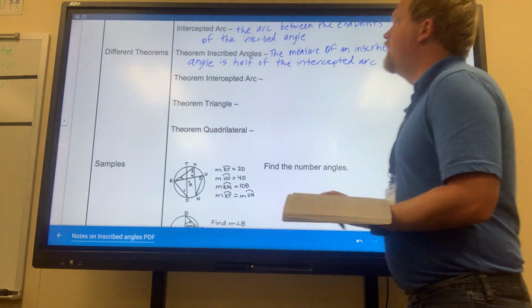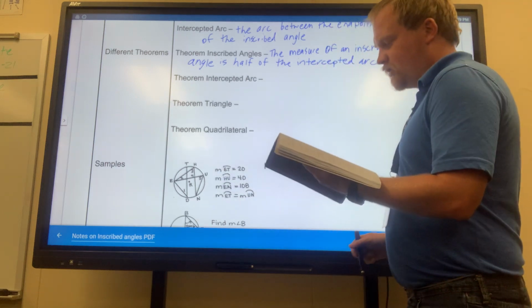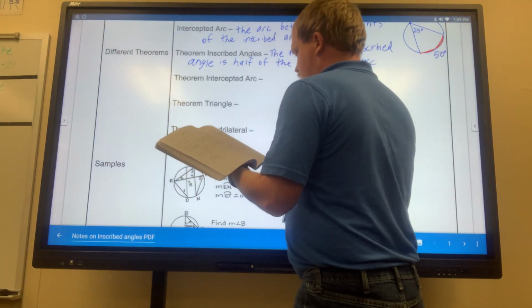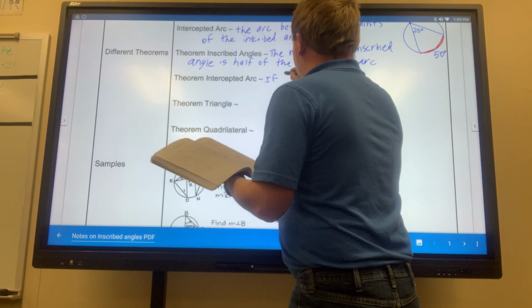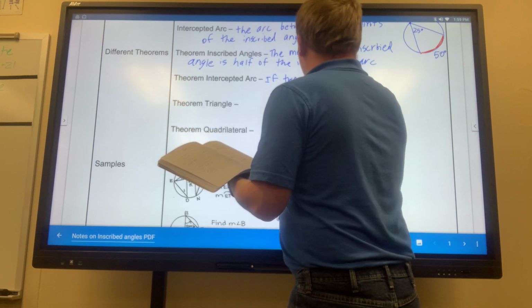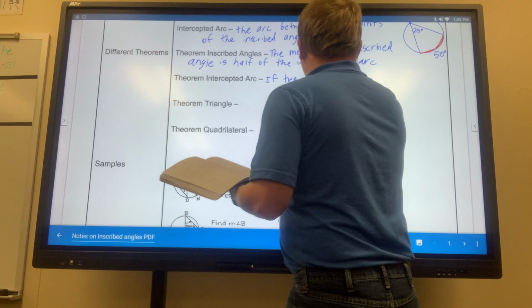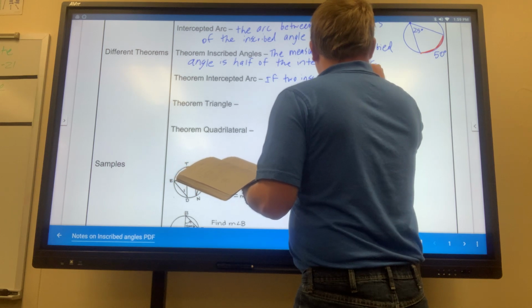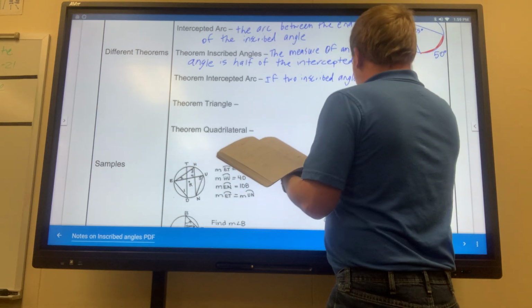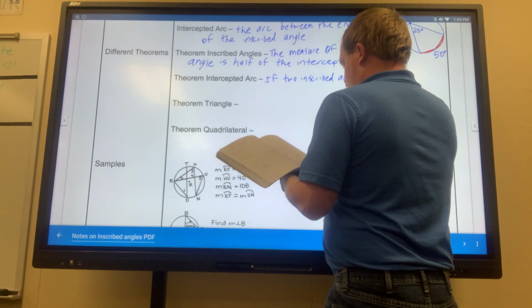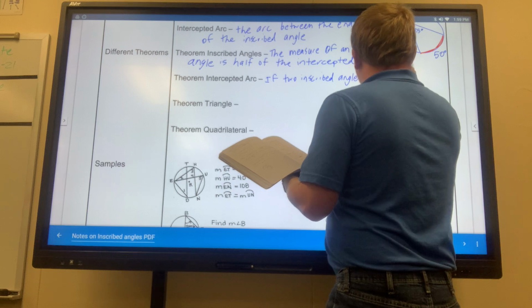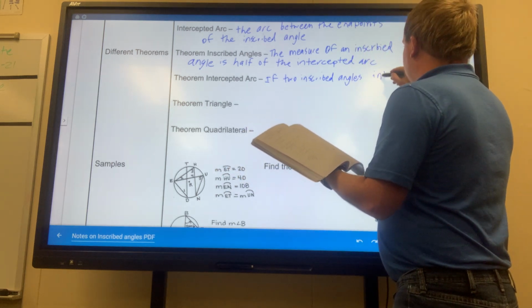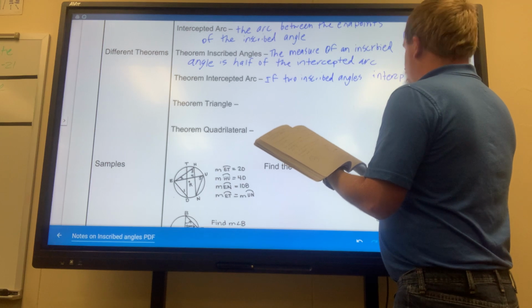Now, a theorem that has to do with intercepted arcs.